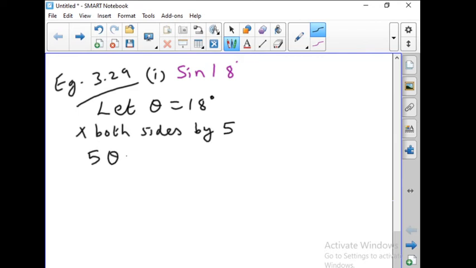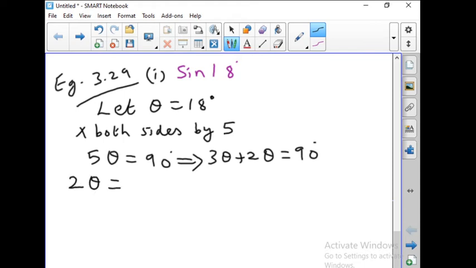5 theta is equal to 90 degree. Now, 5 theta can be split into 3 theta plus 2 theta. So 3 theta plus 2 theta is equal to 90 degree. So we can also write this as 2 theta is equal to 90 degree minus 3 theta.